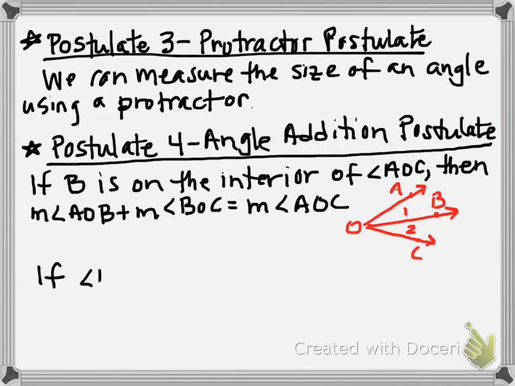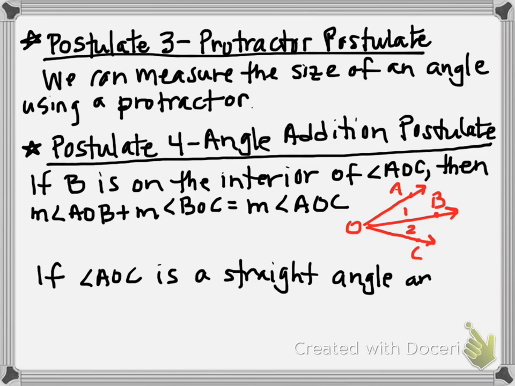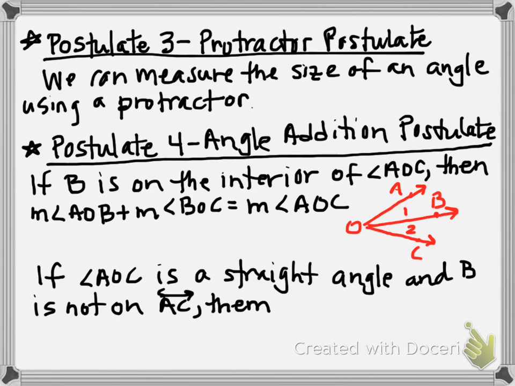If angle AOC is a straight angle, and remember from just a few minutes ago, a straight angle is equal to 180, and our point B is not on that line AC, then instead of us saying little angle 1 plus little angle 2 equals big angle, we know what the big angle equals with a straight angle.